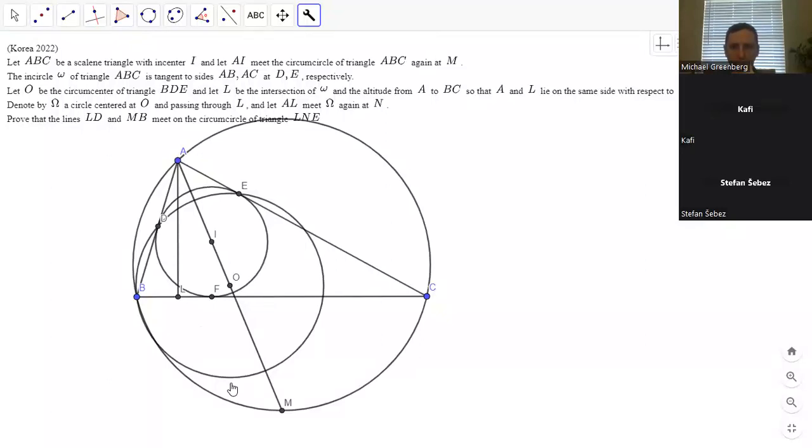A and L lie on the same side. Wait, L be the intersection of... Oh, it's the intersection of the circle.